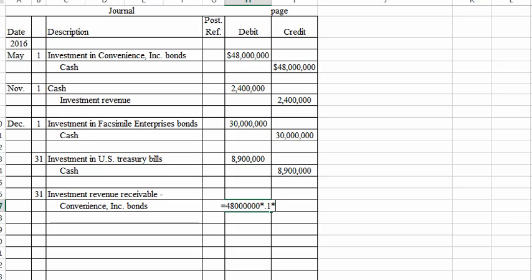And then we're also going to multiply by the months of interest earned, for the months of November and December, so times 2 over 12, and that gets us $800,000 in interest that we've earned in November and December on these Convenience Incorporated bonds that we won't receive until the interest payment date in the new year, which is, let's see, if they're paid on November 1st, then they'd also be paid on May 1st, right? Okay.